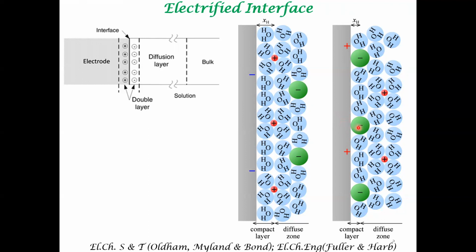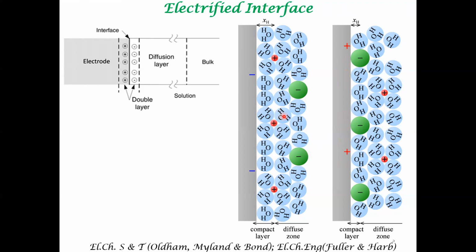Therefore, it is possible to strip the anions of their waters of solvation, and the anions will tend to directly bind to the electrode surface.